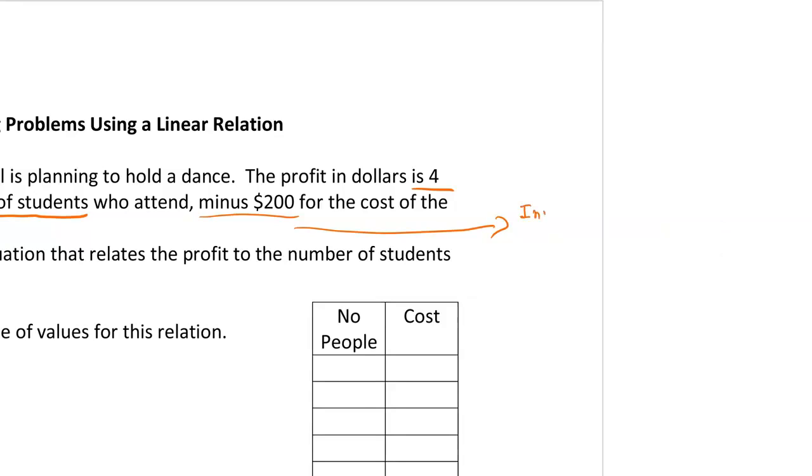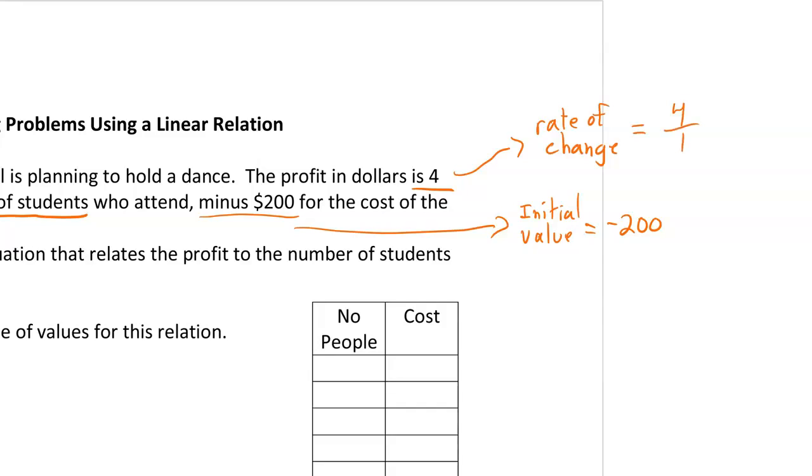So your initial value equals $200. So it's negative $200 that you had to pay for that music. And the profit in dollars is 4 times the number of students. So your rate of change is going to be 4 over 1.